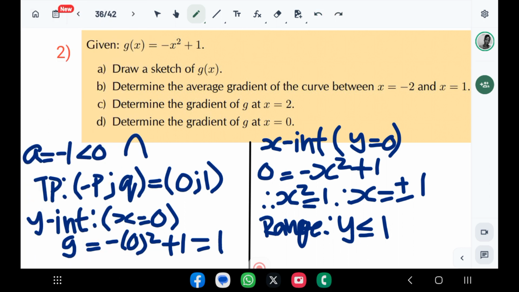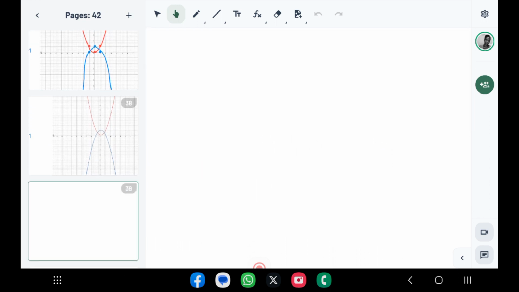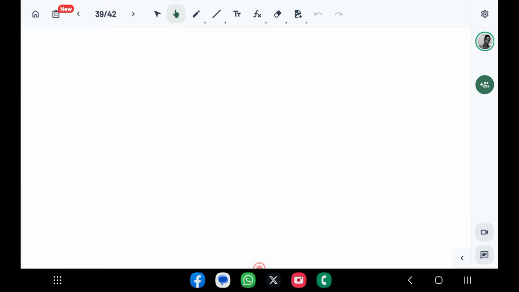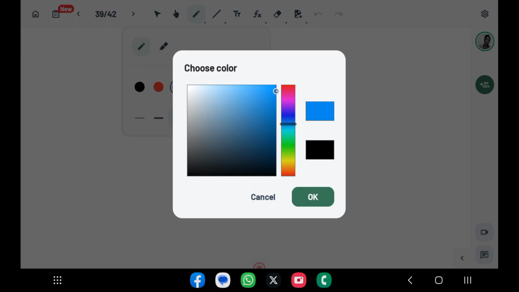Determine the average gradient of the curve between x equals negative 2 and x equals 1. So g of negative 2 and g of 1. Let's take it back to my favorite color.